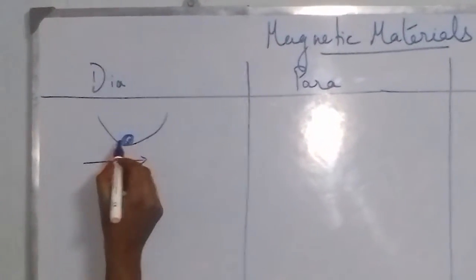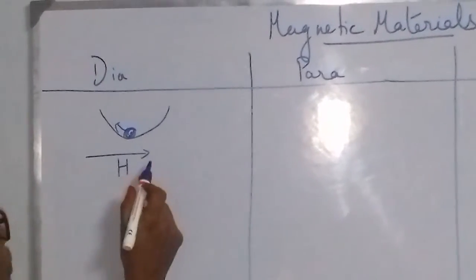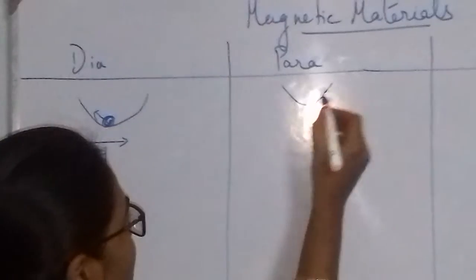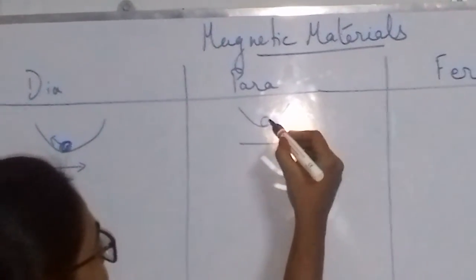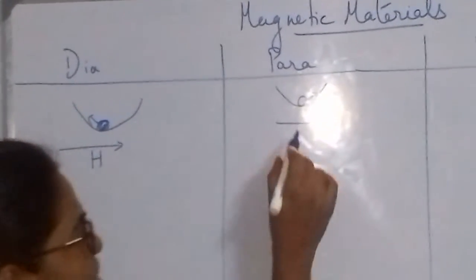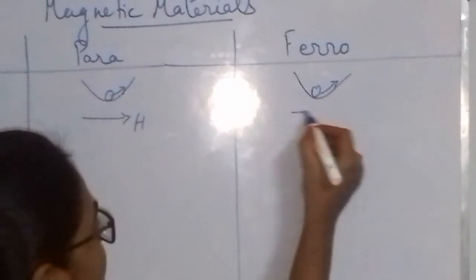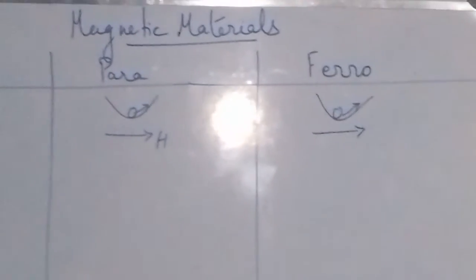If the material moves opposite to the applied field, then we can say this is a diamagnetic material. If the material moves towards the direction of the field, then it is called paramagnetic. Ferromagnetic material also moves in the same direction as the applied field.